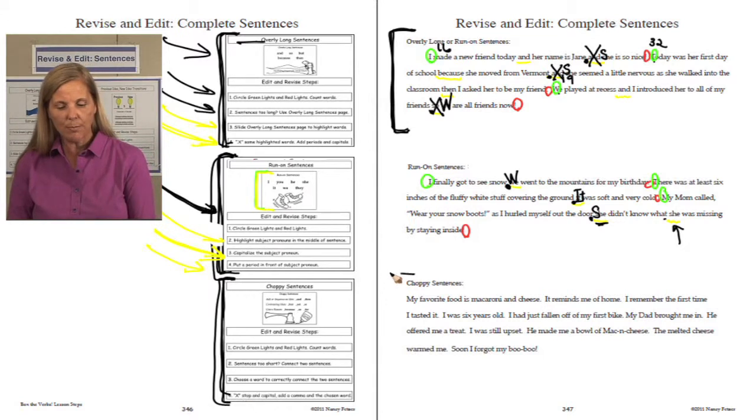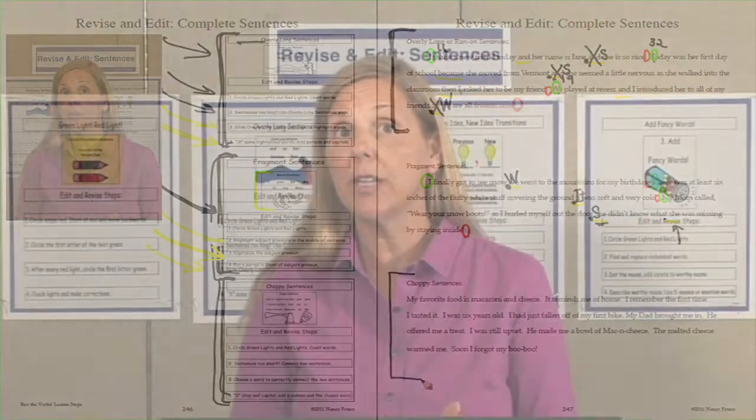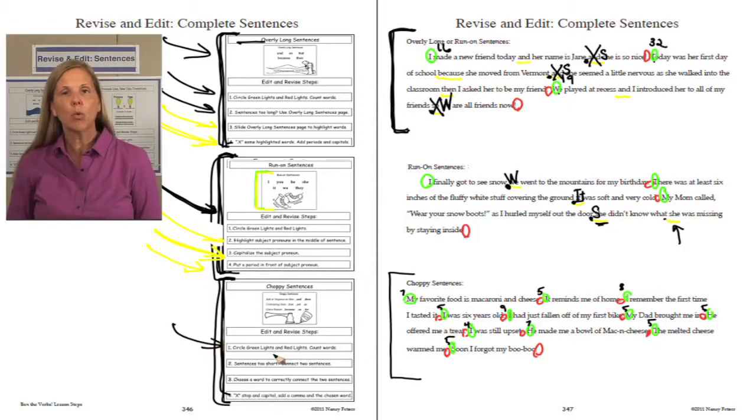You have next to the choppy sentences chart, a passage. Let's follow the steps in order to combine some of these sentences. The first step, whenever you're looking at the sentence level, is to do the green light, red light, and we're going to count the words. We have our step 1, where we had our green light, red light, and we counted the words.